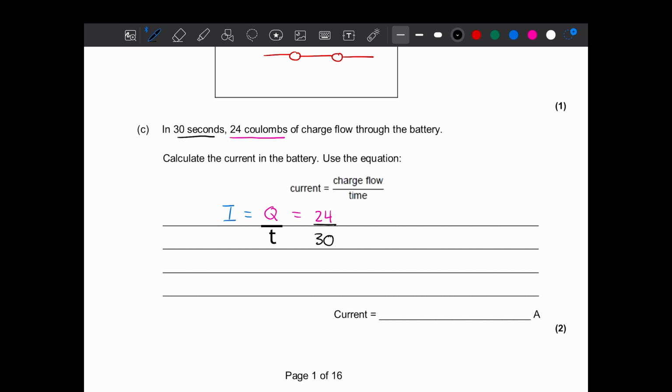And that's going to give us a final answer for current of 0.8 amps. When in doubt about decimal places or significant figures, just default to SF.